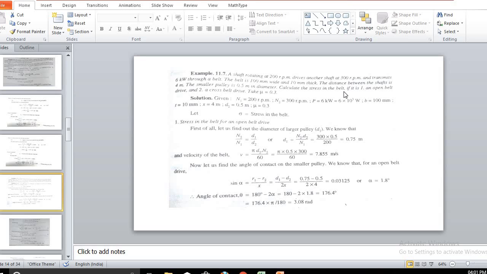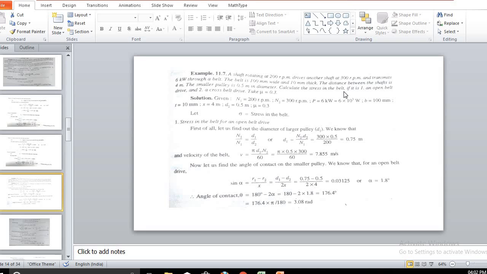In the creep formula we require Young's modulus. If you observe this example, Young's modulus is not given, so we cannot use the creep formula here. The second formula having the stress term is the maximum tension, equal to sigma bt.